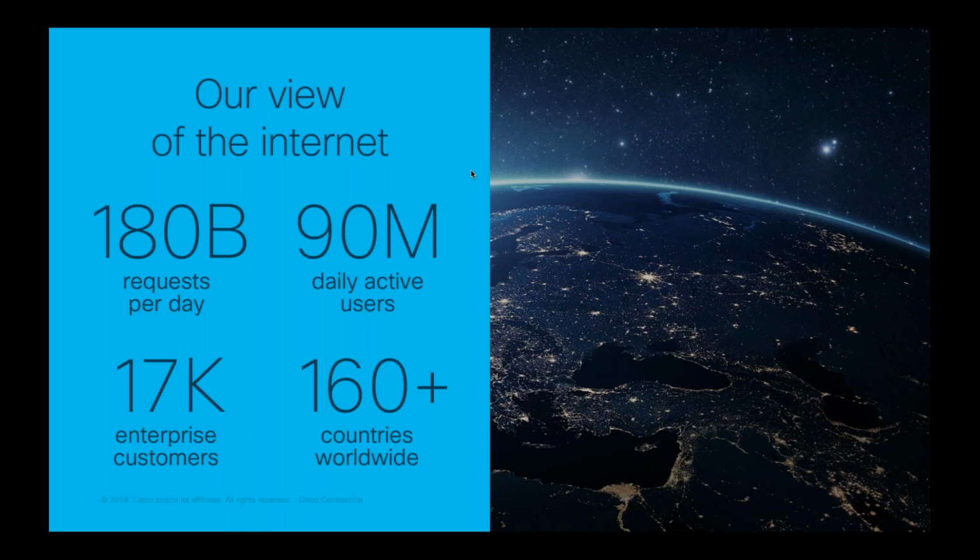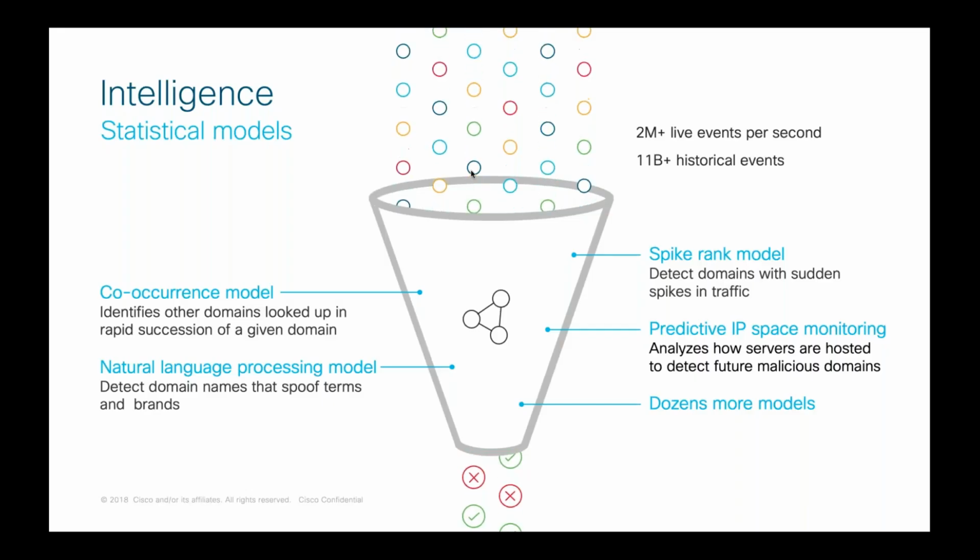We work on the enterprise side, all the way down and everything in between to my grandmother utilizing the service in a free home service. So that allows us to get a pretty high bird's eye view of what's going on in the internet. And with that information, we're able to use statistical models to decide what is malicious or not. So everything is in real time.